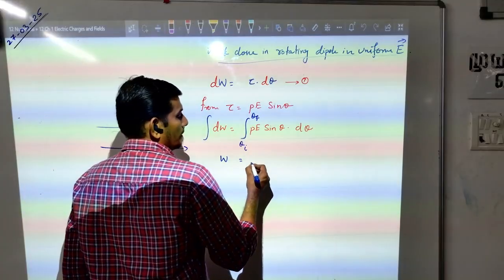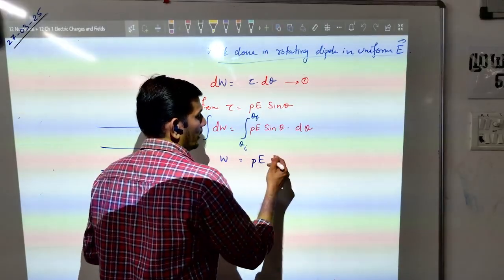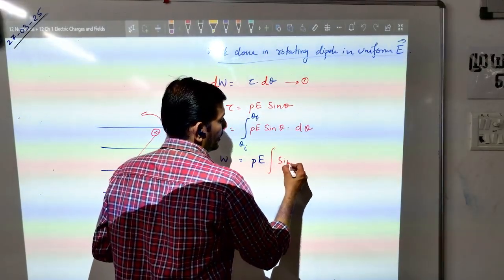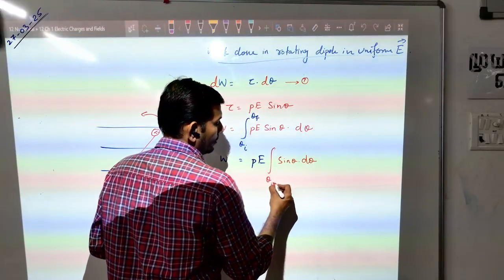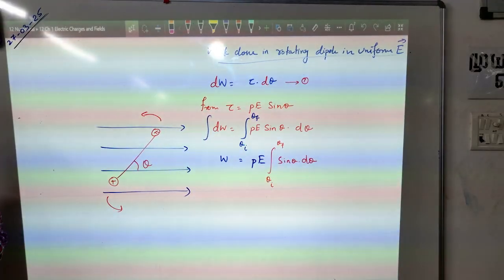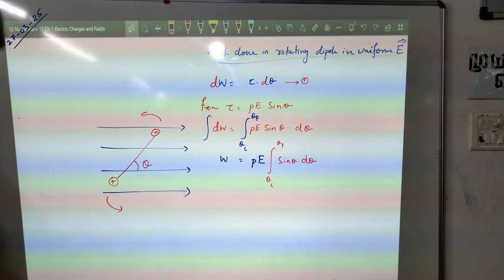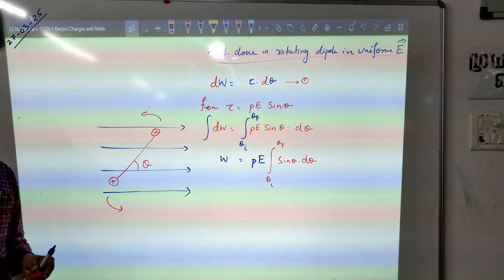So we can write PE into the integral of sin theta d theta from theta initial to theta final. Noted? So what's the integral of sin theta d theta?